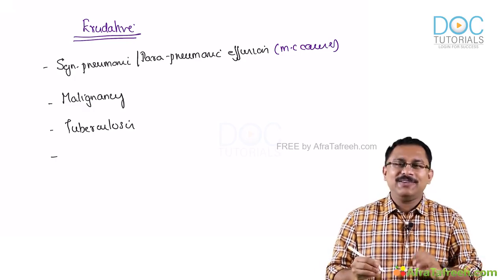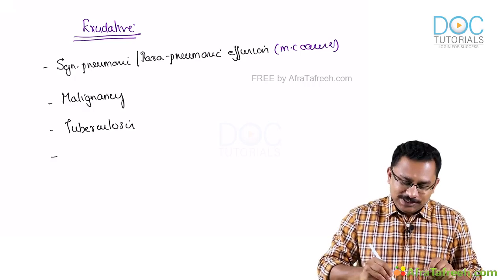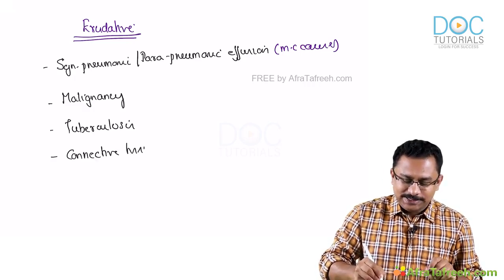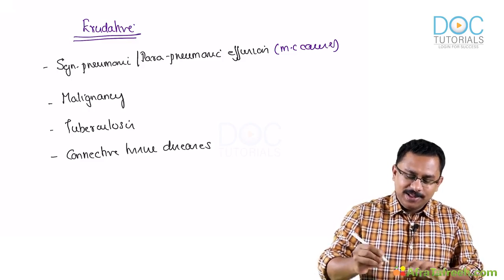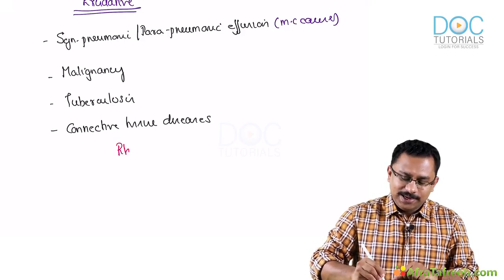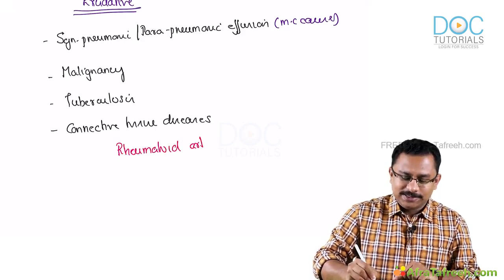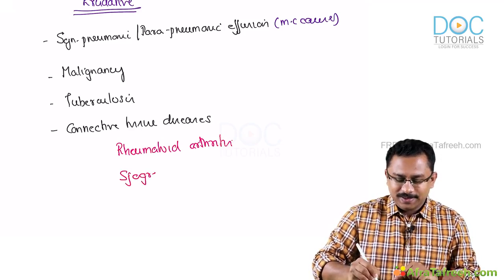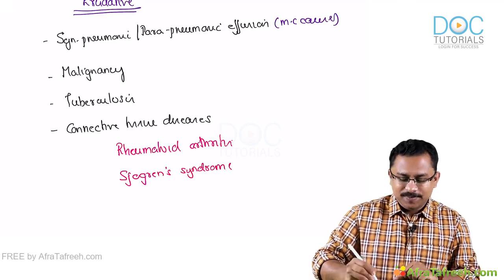Exudative effusion can occur in the context of connective tissue diseases as well. So you may have it in rheumatoid arthritis, Sjogren's syndrome, SLE.